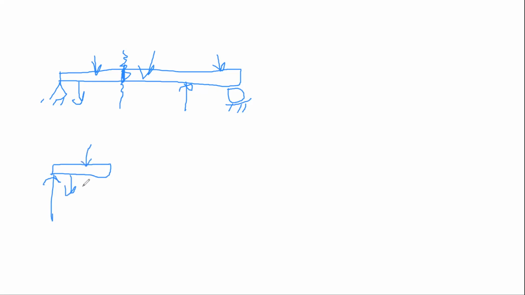And we already know there is a shear force here. Using equilibrium, summation of force in the y direction equals 0, where this is the shear force V, we can find this V. It could be a value for this V, right?